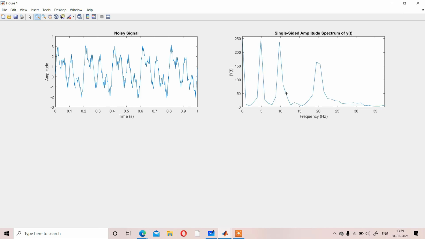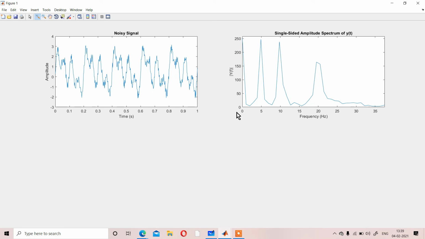You can check it: first it is defining the frequency at 5 Hertz, at 10 Hertz the second frequency, and at 20 Hertz the third frequency. Initially at the 0 position, the magnitude is called the DC magnitude, because here the frequency is 0. Frequency 0 means whatever you are getting is not AC.